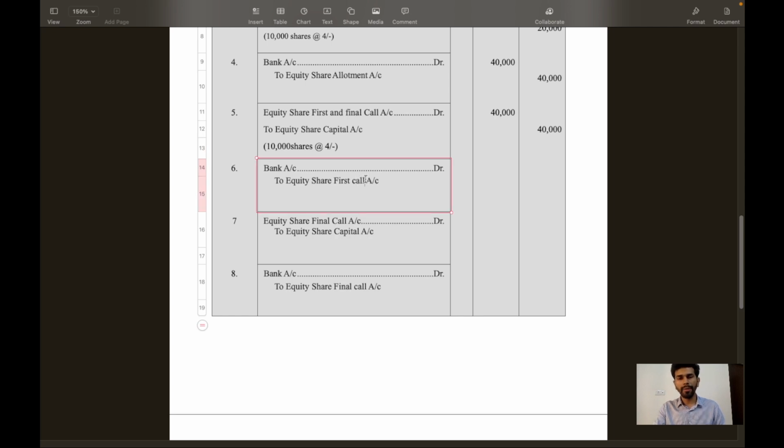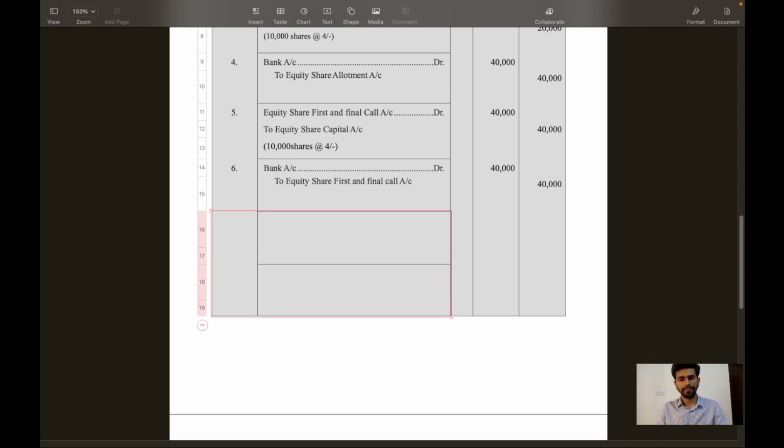And the last entry will be bank account debit to equity share first and final call account on receipt of first and final call money. Amount will be the same. Narration: being call money received on 10,000 equity shares. Completed.